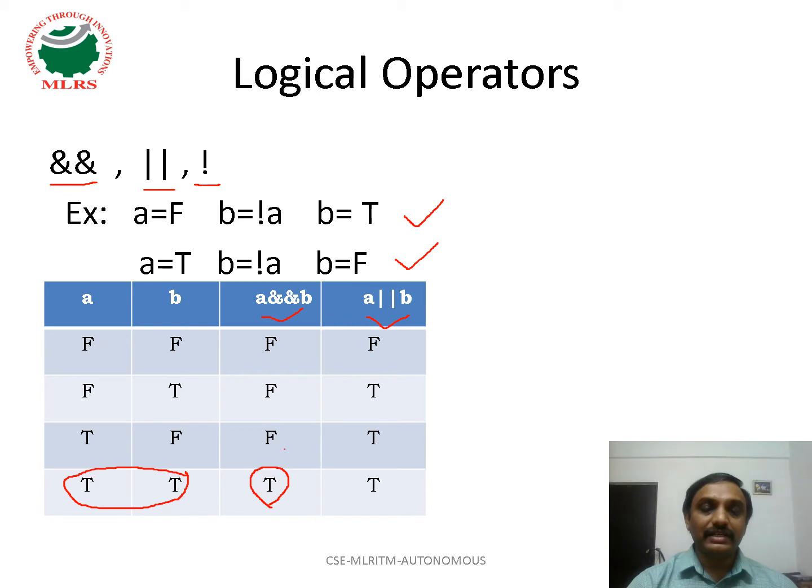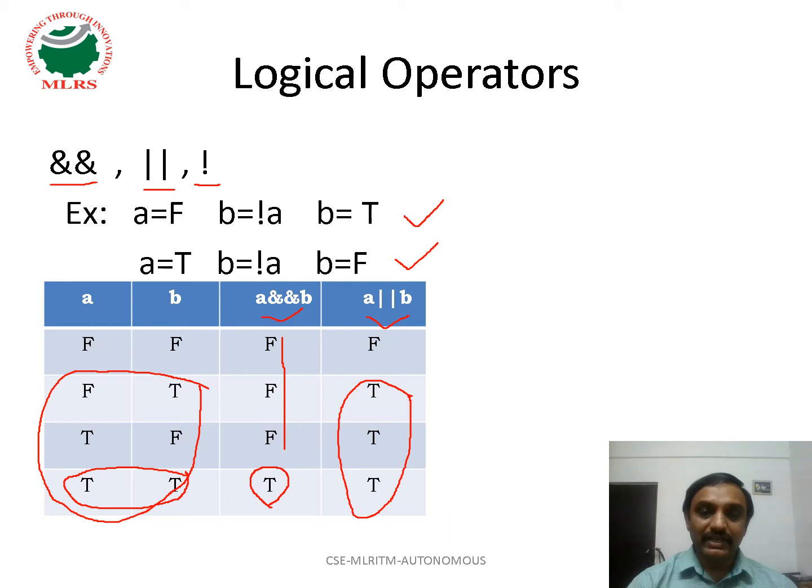Otherwise, the result is false in the case of the logical AND operator. Now, observe the logical OR operator. Whenever any one input is true, then the result is true in the case of the logical OR operator. Otherwise, the result is false.